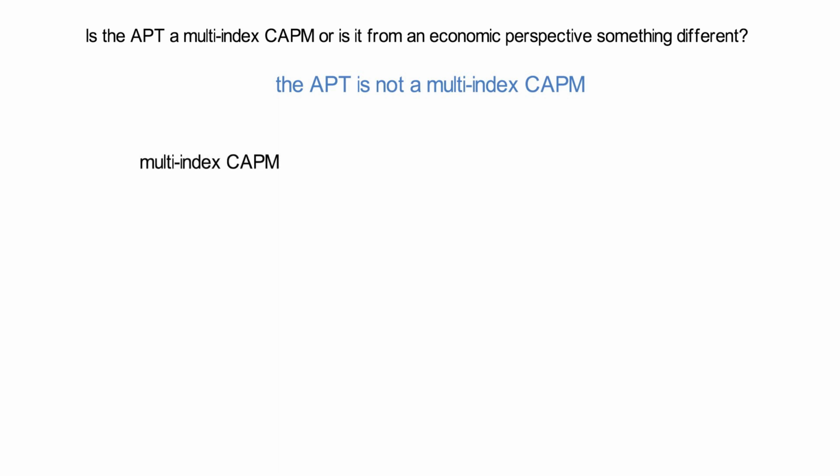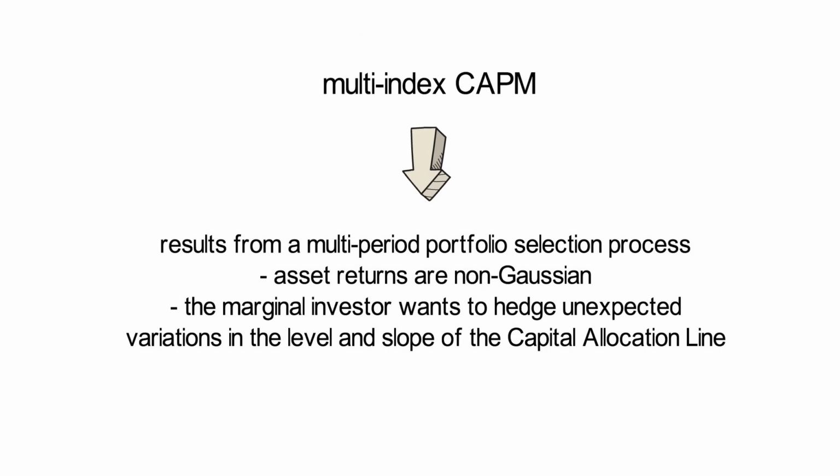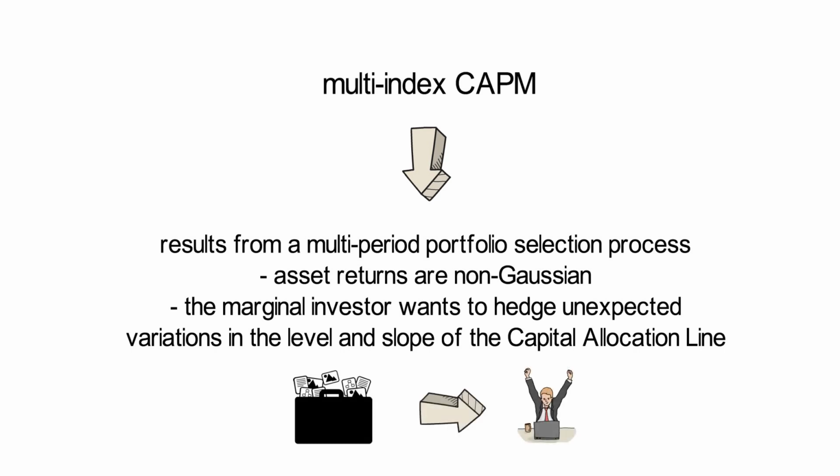A multi-index CAPM, better known as Merton's intertemporal CAPM, is the result from a multi-period portfolio selection process, where asset returns are non-Gaussian and where the marginal investor wants to hedge unexpected variations in the level and slope of the capital allocation line. Assets that are better in hedging these changes in the capital allocation line are more attractive to a marginal investor whose risk aversion is larger than log utility.